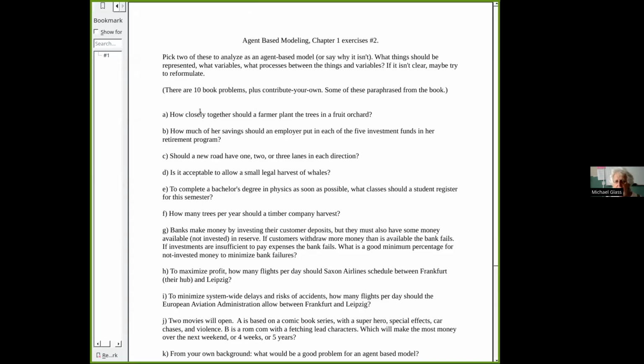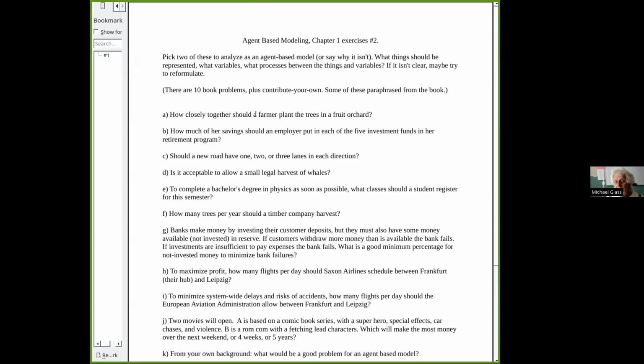Let's start with number 1 over here. How closely should a farmer plant the trees in a fruit orchard? I think when looking at these questions, your first questions should be: what are we trying to optimize here? What variables are we trying to model? And number 2, what are the agents?